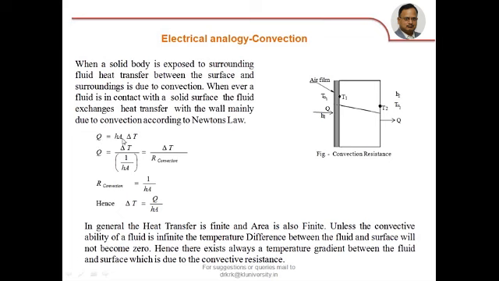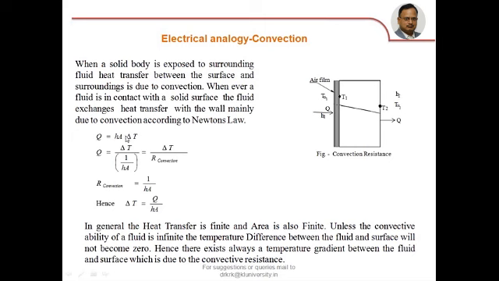We know the Q is finite. We know the area of the plate or wall is finite. So under such circumstances, the delta T becomes 0 only when H tends to infinity. H is the convective heat transfer coefficient of the fluid. We have seen the convective heat transfer coefficient is always finite. Hence, H is never tending to infinity. A is not infinity. Q is finite.